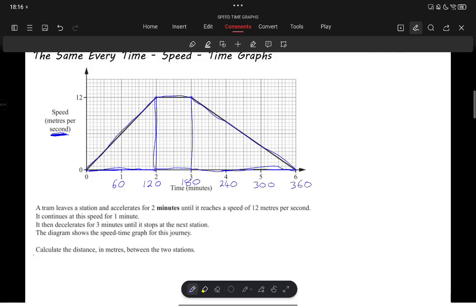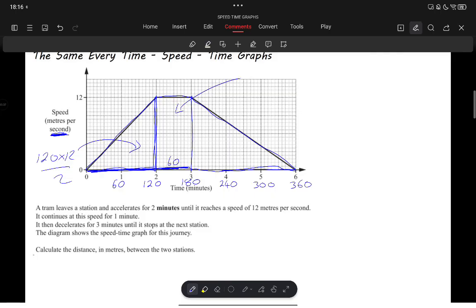So my first triangle, the base is going to be 120 and the height is 12. So base times height, 120 times 12, divide by 2. That's the first triangle. And the rectangle, the base distance from 120, remember we have to work in seconds, 120 to 180, that would be 60.